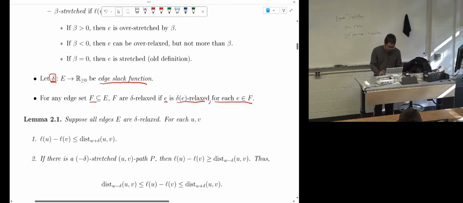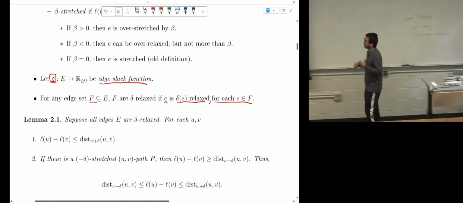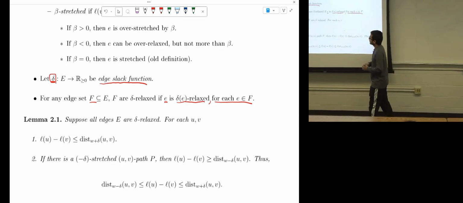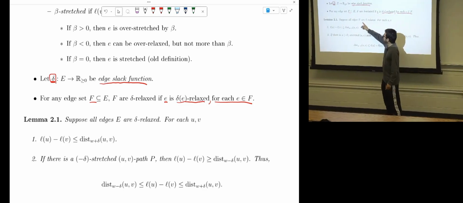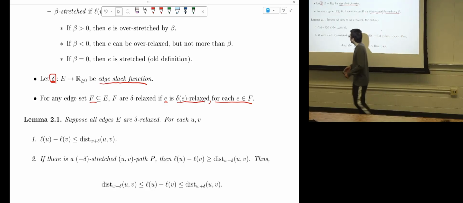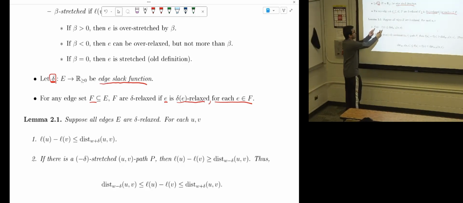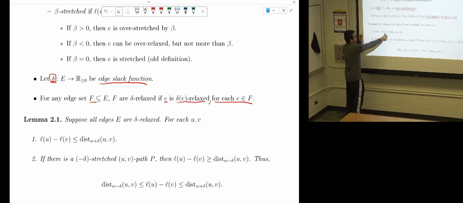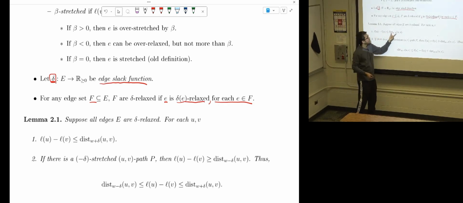Then we can show this lemma that we have seen, but changed to the additive notion: if every edge is delta relax, then for every pair U, V, the stretch between U and V is at most the distance in terms of W plus delta.